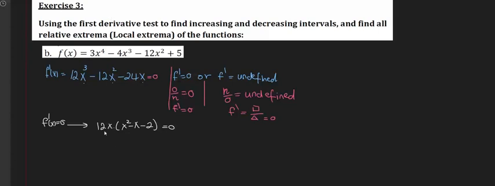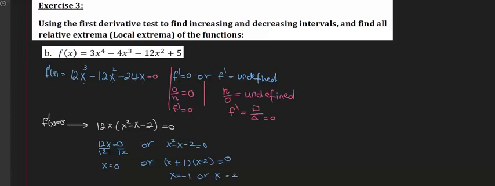This means that either 12x is equal to 0 or x squared minus x minus 2 is equal to 0. If 12x is equal to 0, this means that x is equal to 0, or solving this, by the calculator also, we are going to have a negative and a positive, so either x is negative 1 or x is equal to 2.